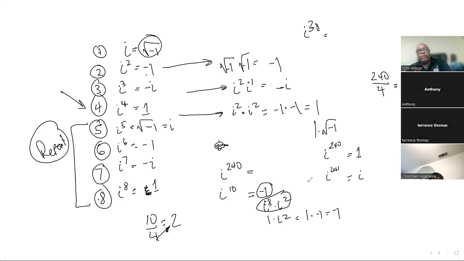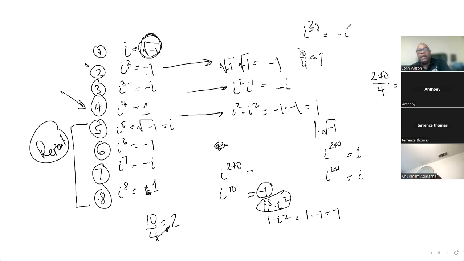But let's do i to the 30th. 30 divided by 4 is over 7, with 2 places down. So at 28, a multiple of 4, we're at 1. i to the 29th we're at i. i to the 30th we're at minus i.